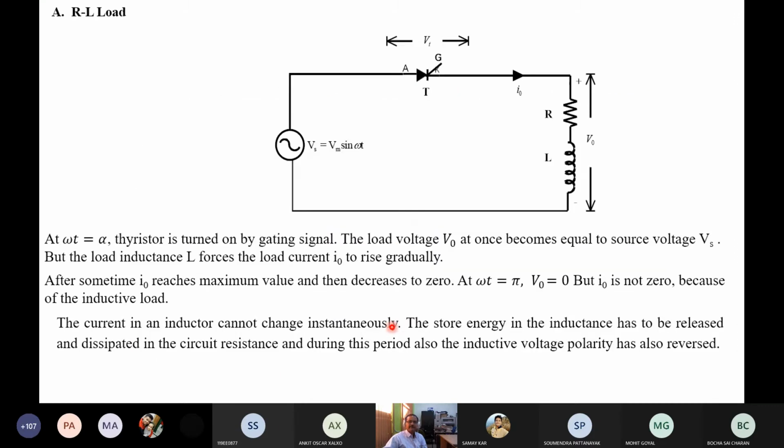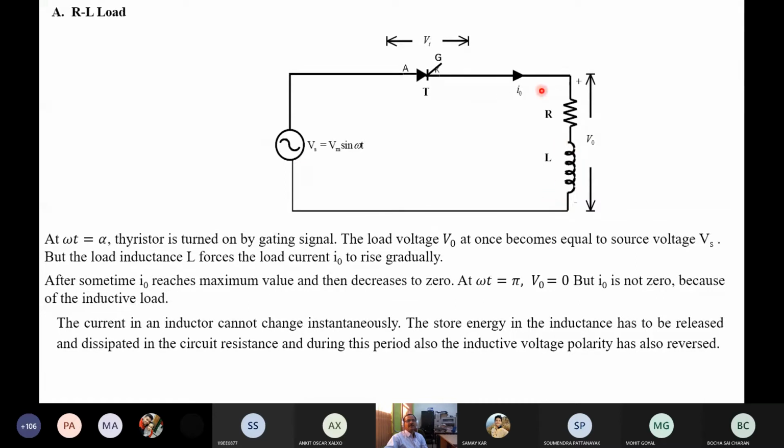Is it okay? So when the first half cycle starts conducting, the voltage across the load is V0. Current flows through this circuit, thyristor, R, L, source. Energy gets stored here. So during that period, current will rise. L dI/dt is positive. Voltage induced here is positive, and this is negative.